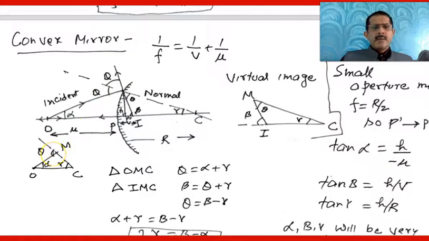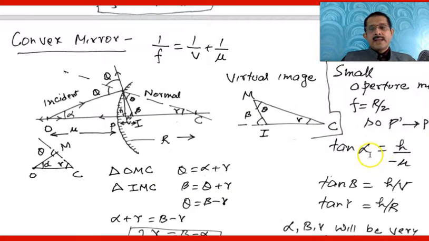Now very simple, same theorem: exterior angle is equal to sum of interior opposite angles. So theta is equal to alpha plus gamma, and here beta is equal to theta plus gamma. That is what I've written.